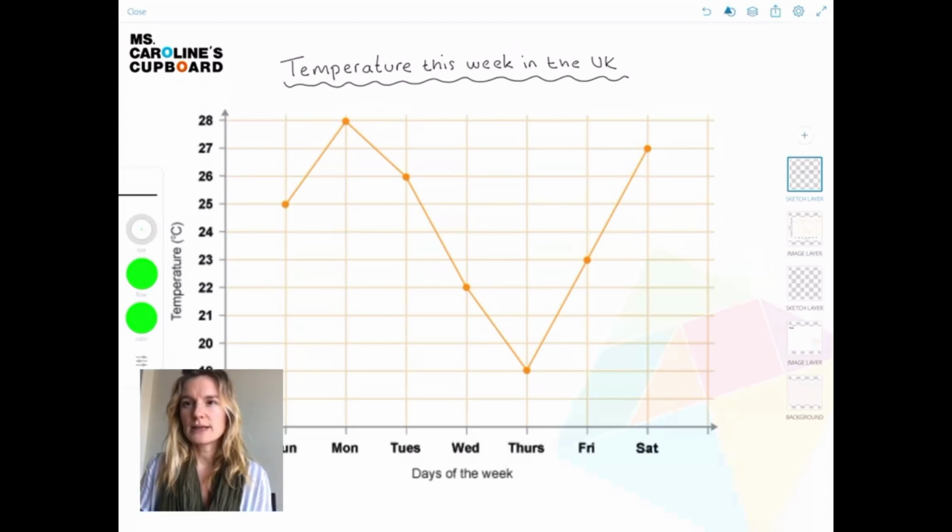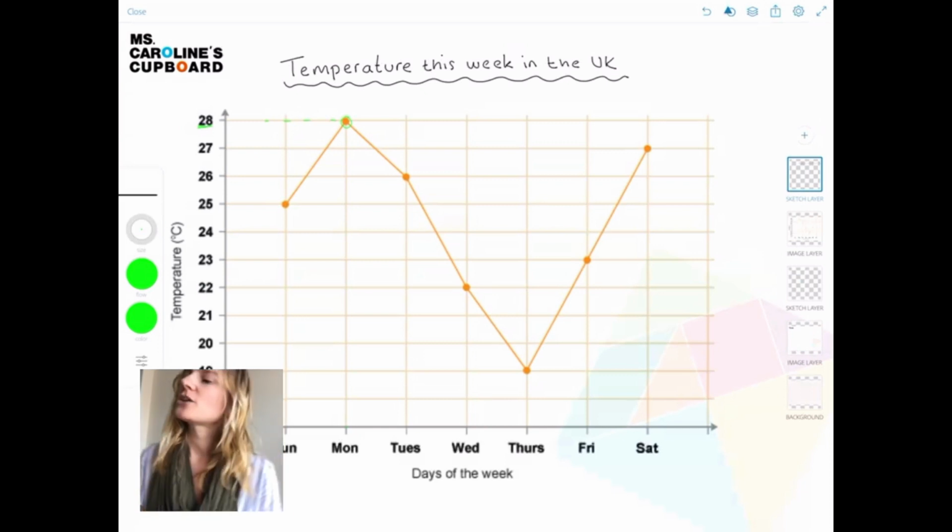So let's go along to Monday. Do you see Monday along the bottom? Yep. And then follow it up with your finger right until you reach the point. You see the point, the orange dot? There it is. And then you're going to carefully move across. You could use a ruler to help you. And there it is, 28 degrees. So it was 28 degrees on Monday.